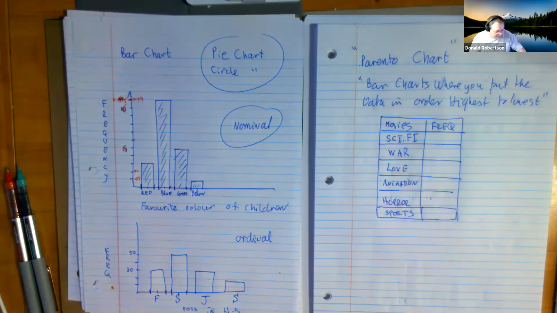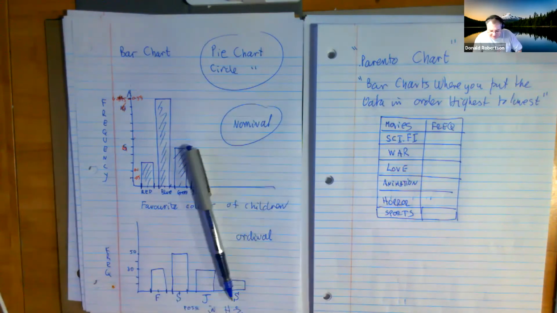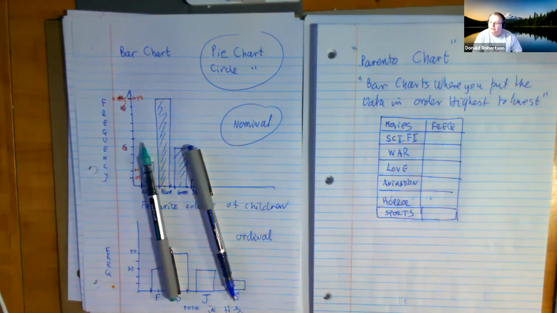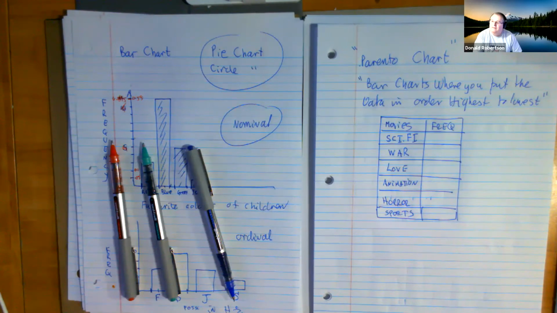Right, since I'm in charge of this data, actually I'm not in charge of this data. Let's try and make it vaguely realistic. I'm going to close this off for a second and we're going to collect data from everyone here. There's a little button on the right-hand side called reactions. If you click on it, you see the thumbs up.